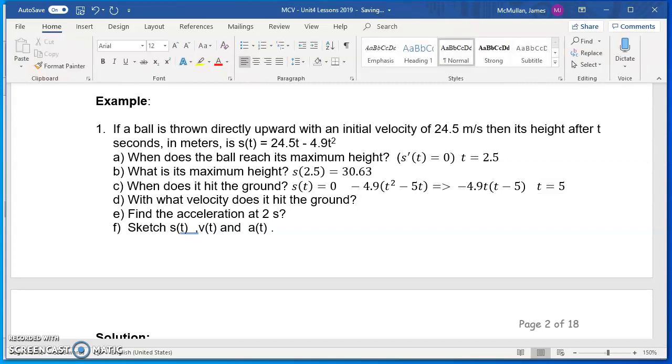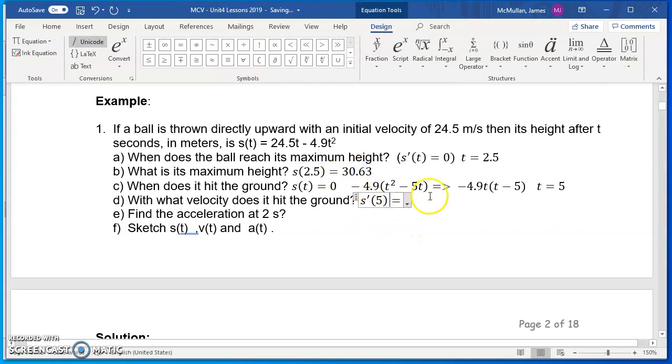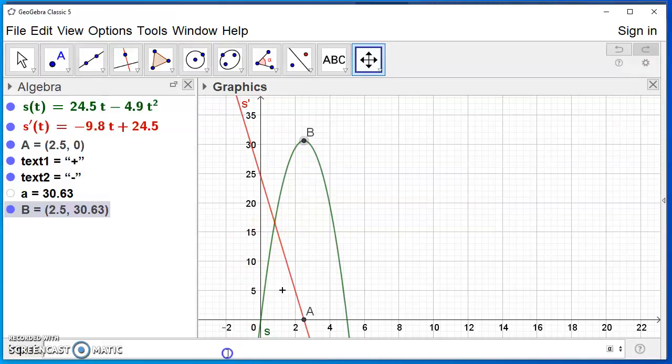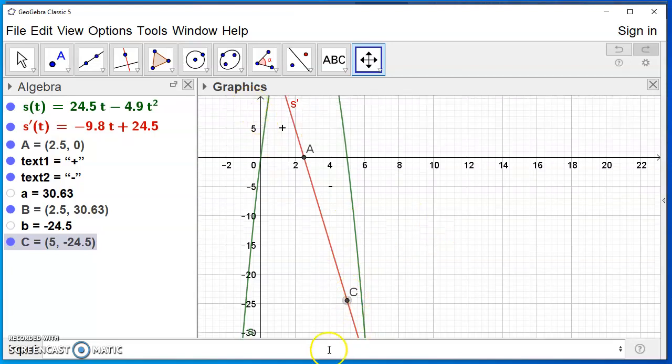With what velocity does it hit the ground? That we want to know. We want to know what s prime of 5 is, because we're basically plugging 5 into the velocity function. Let's find that one. So s prime of 5 is negative 24.5. We'll just quickly graph that point and see that it is on the velocity graph at the moment when the object hits the ground.